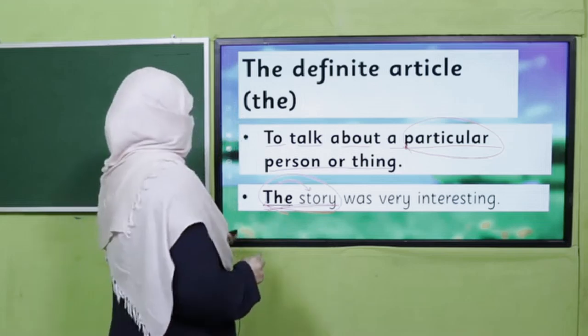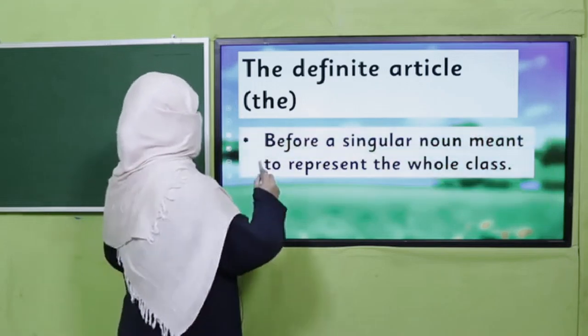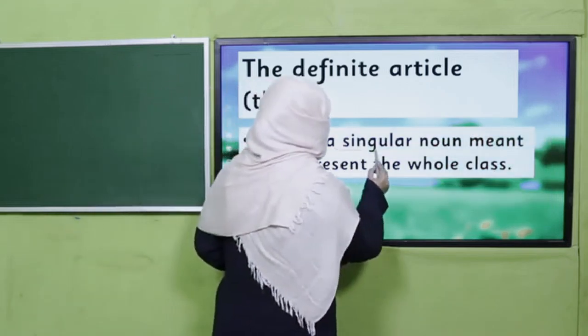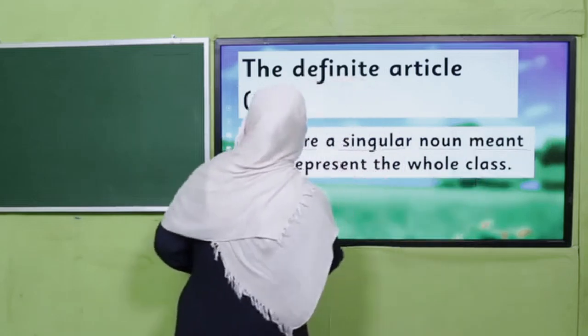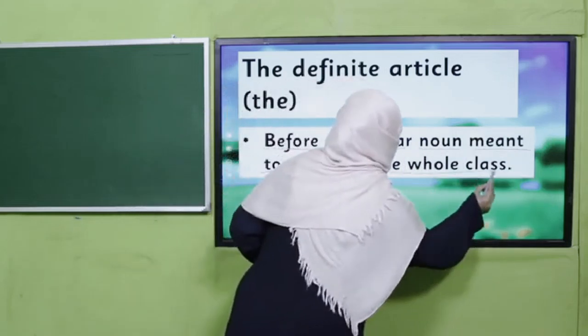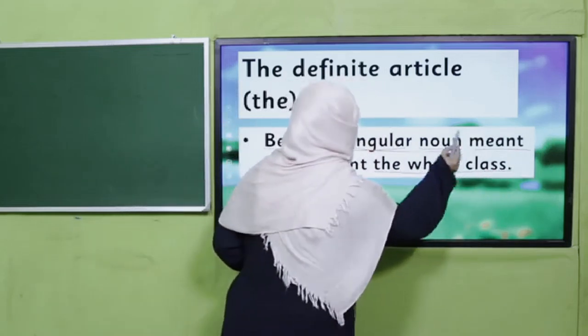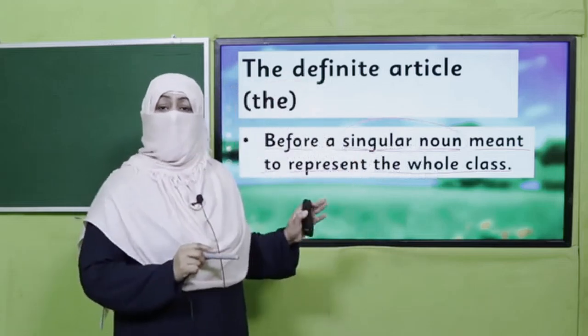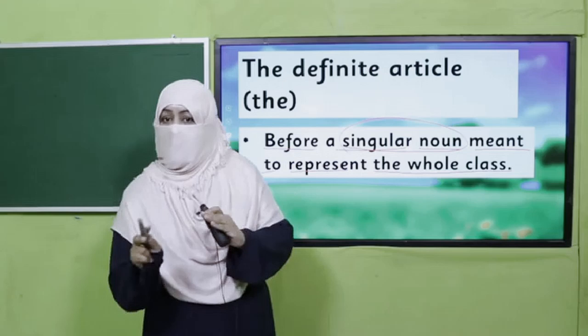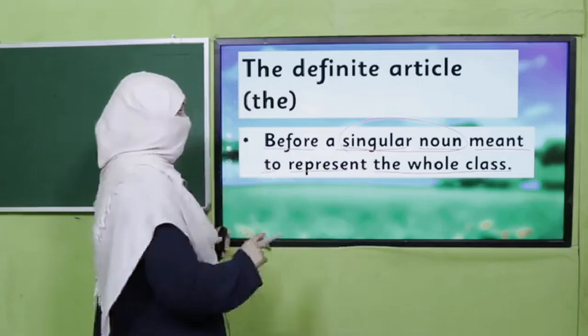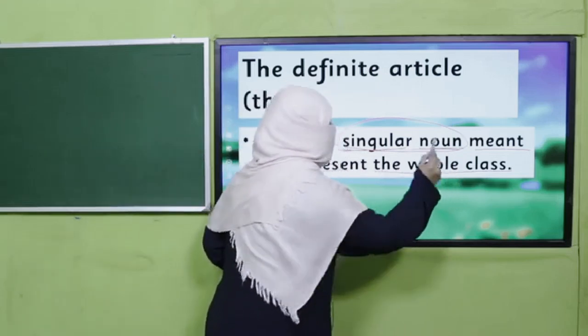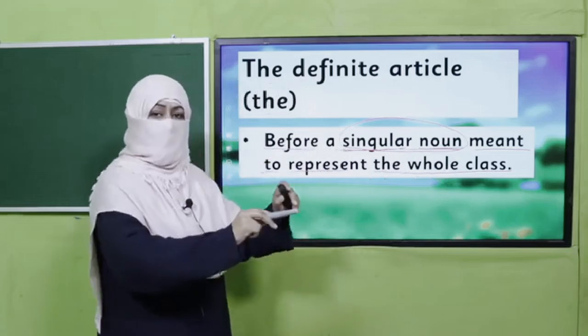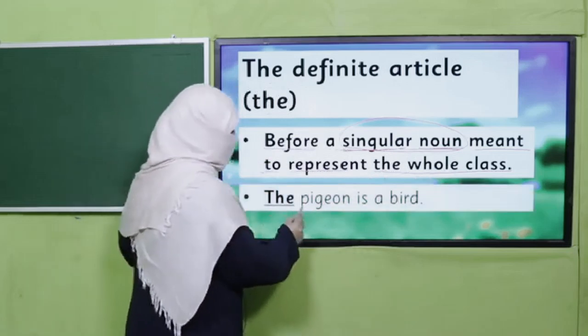Next, the is used before a singular noun meant to represent the whole class. With a singular noun, as we just read, we use a or an. But if we replace a or an and place the over there, it means that singular noun is representing the whole class. For example, the pigeon is a bird.